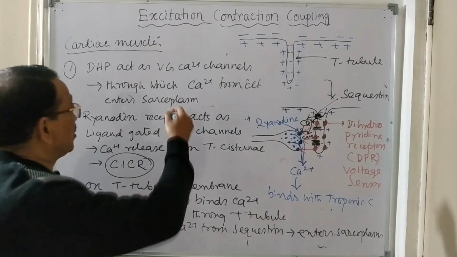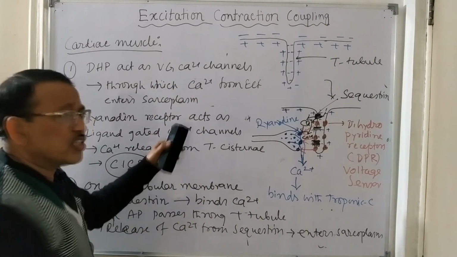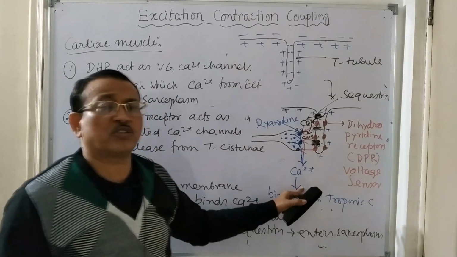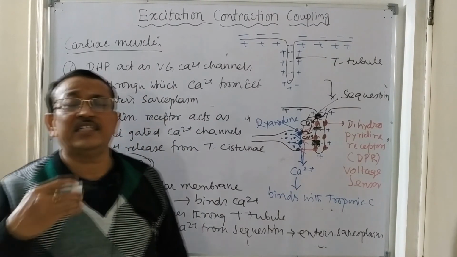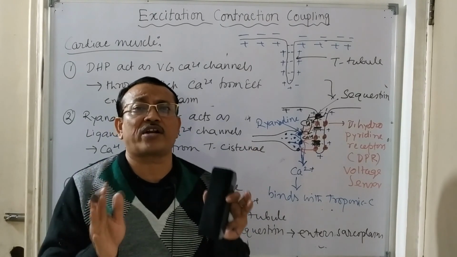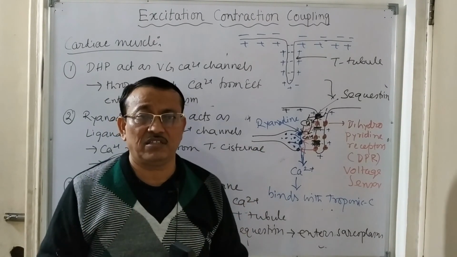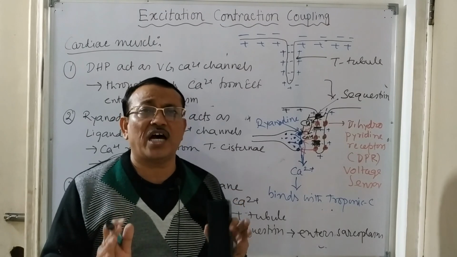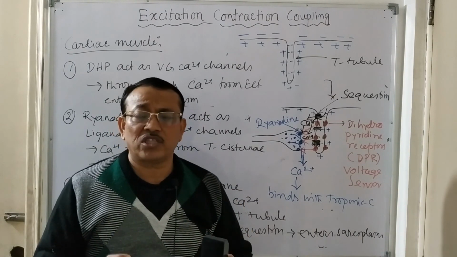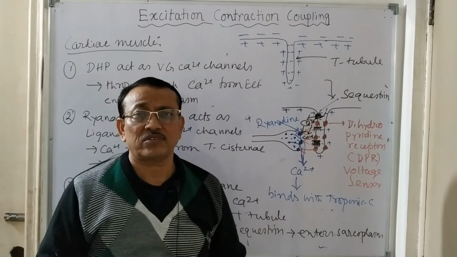Because of these three sources, plenty of calcium ions are released inside the sarcoplasm, and that is responsible for very vigorous, very powerful contractions of the cardiac muscle. So this is all about excitation contraction coupling. Hope the concept is clear to you.